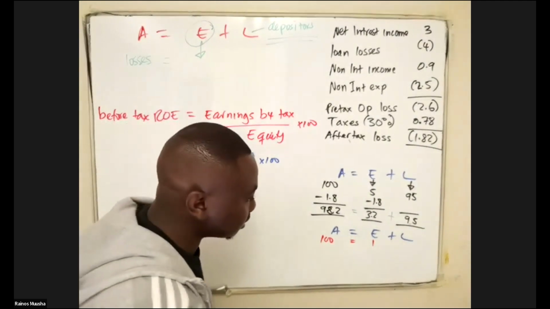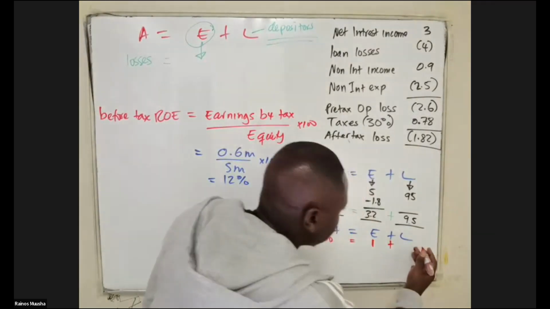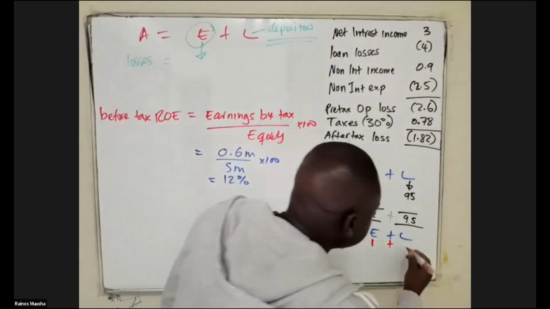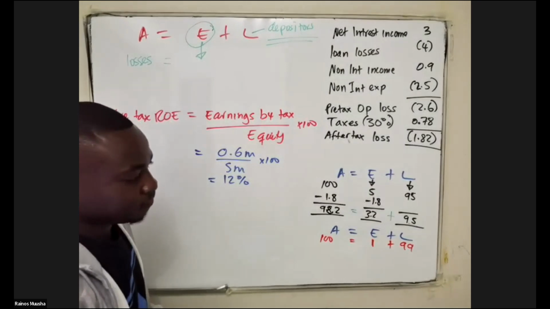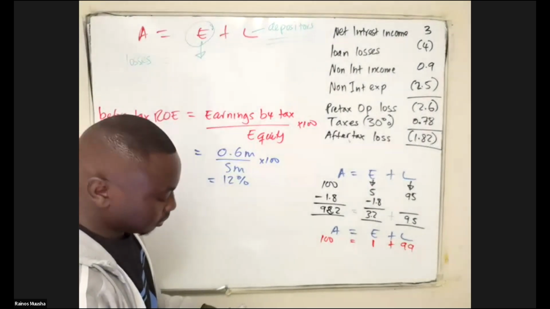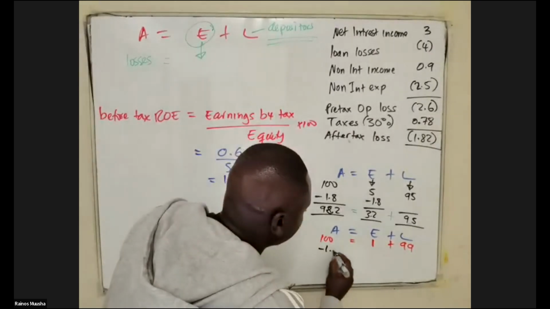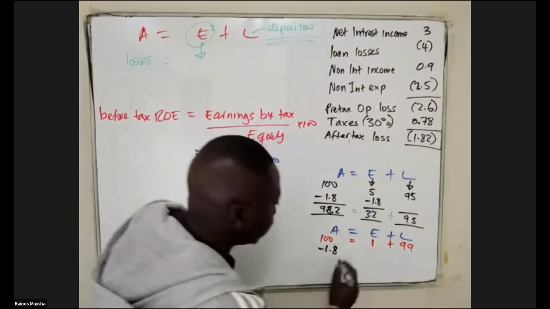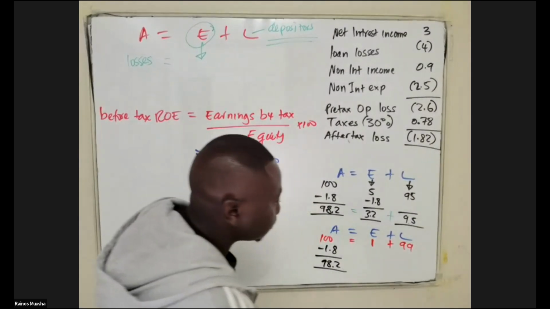So when you suffer losses, what is going to happen? One is equal to our equity, and liabilities are going to be equal to the other section, which is going to be 99 there, right? So if we're going to be suffering a loss of minus 1.8 in this case, it would mean this side would be equal to 98.2.